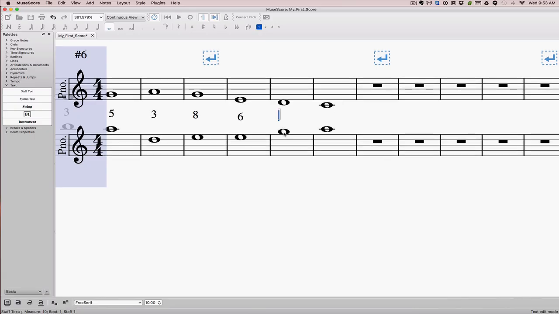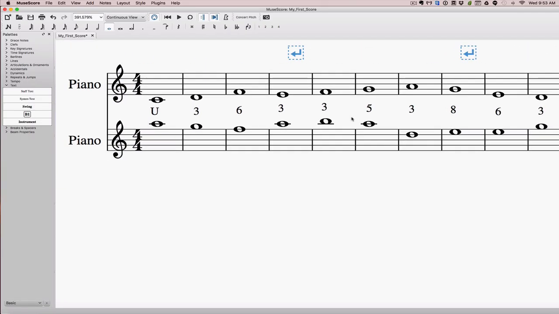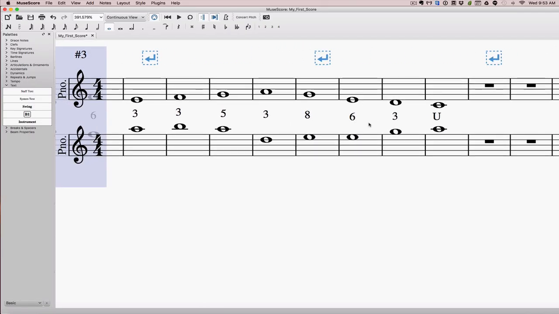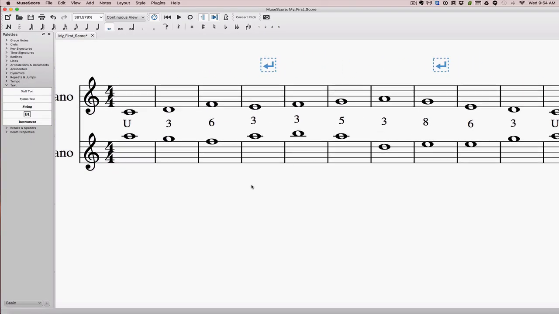And a B and a D, that's a third. And we're back to a unison. For unison, we usually just write a U, not a 1. I don't know why, it's just the way the rules work. So here's our interval analysis, our harmonic analysis so far. That's step 1.